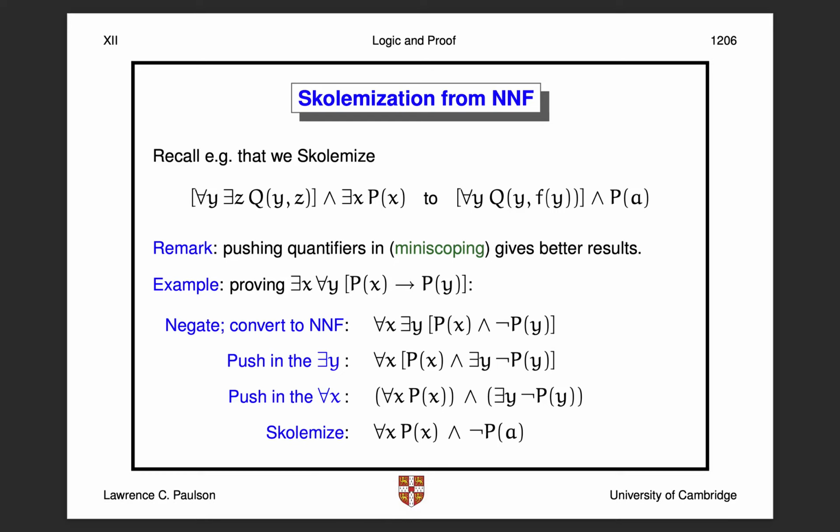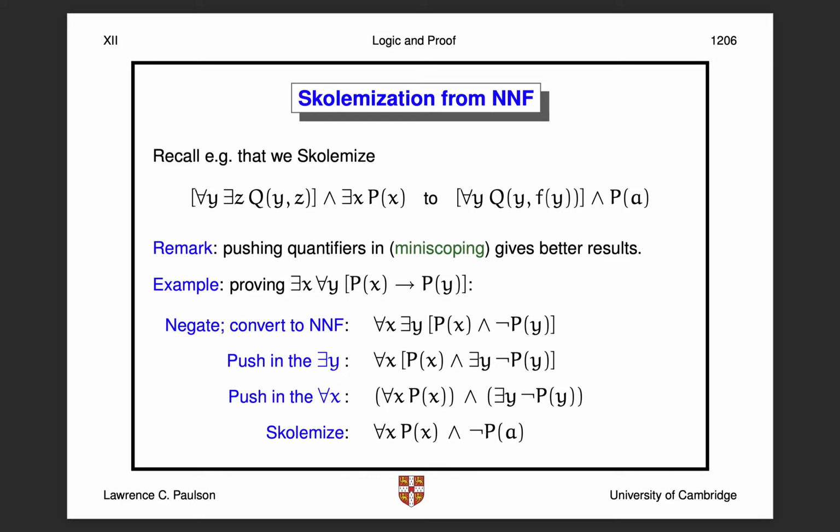Now, if you have read certain other texts on Skolemization, or indeed very early versions of my own lecture notes, you will have seen treatments of Skolemization where your first step is to pull all the universal quantifiers to the very front of the formula.